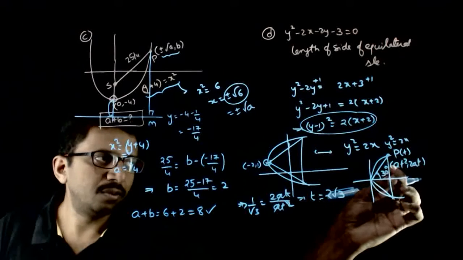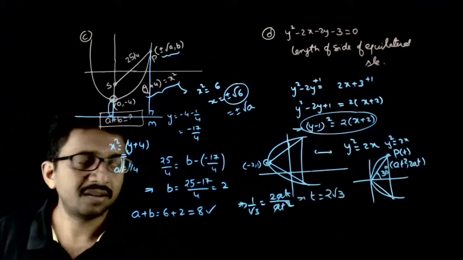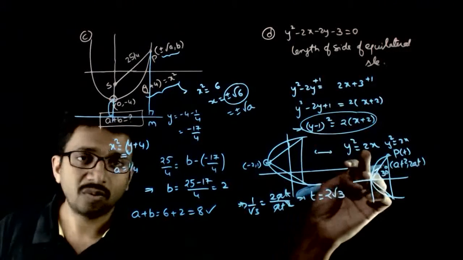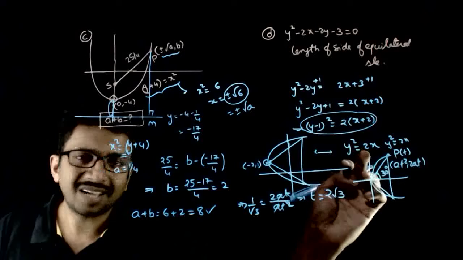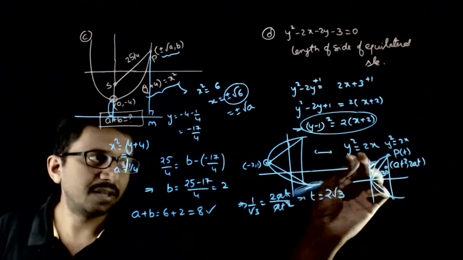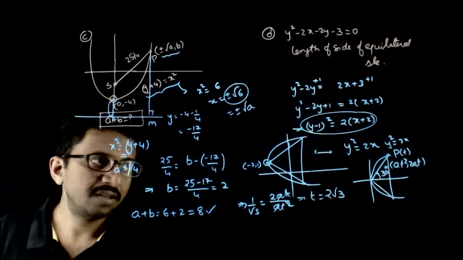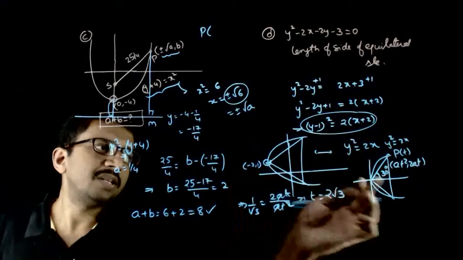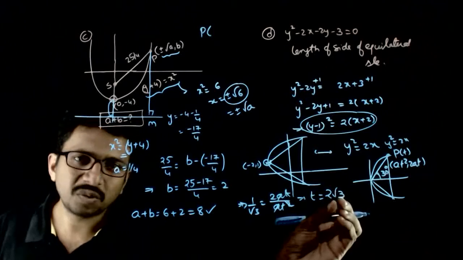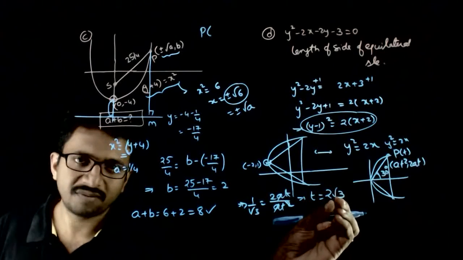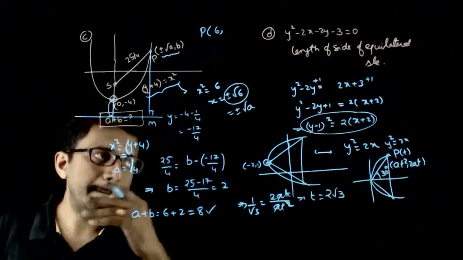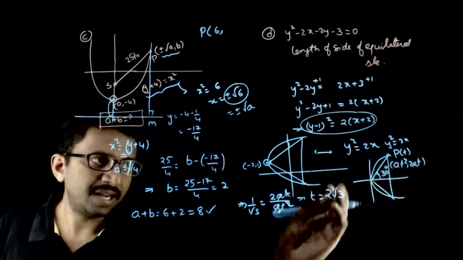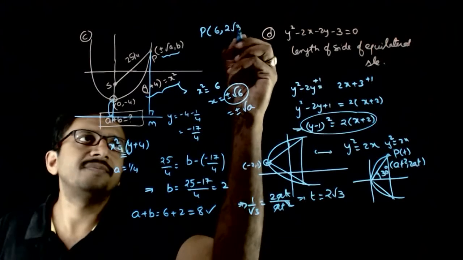So if t is equal to 2 root 3, what is the point? at square comma 2at. And what is the value of a? a is equal to half, obviously, because this is 4 into half into x. So the point P is given by half into t square, which is 12, so half into 12 is 6, and 2at is 2 into half into 2 root 3.